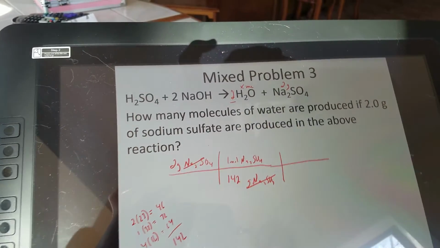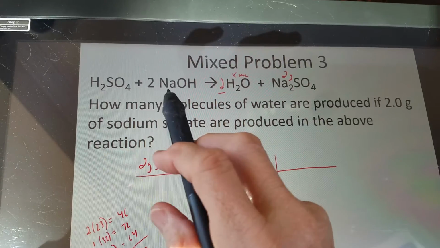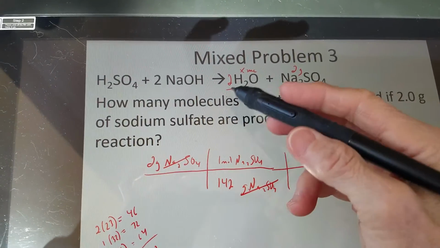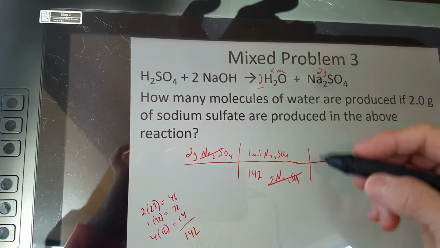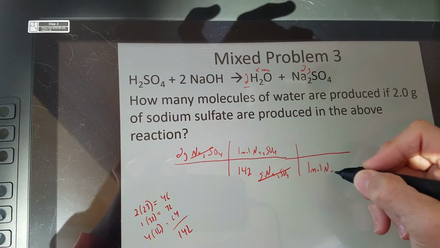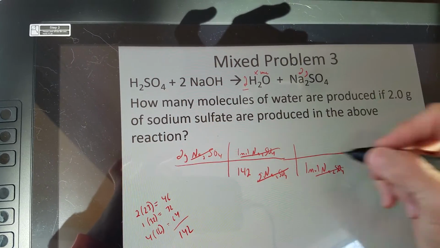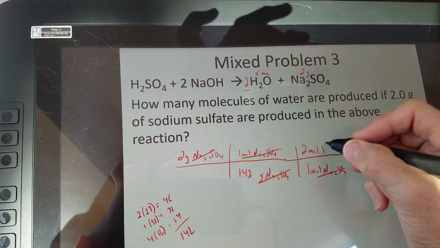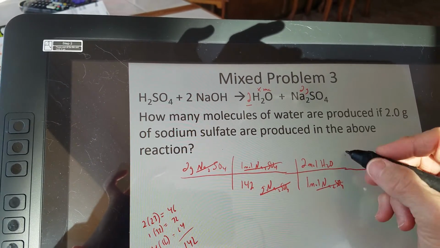So if I'm balancing that right, that'd be 2. It'd be 2 before. That's right. So that was missing, so that 2 should have been there. Now I have my coefficient. So I'll have 1 mole of my sodium sulfate down here at the bottom, so that the moles of sodium sulfate could cancel, and 2 moles of water on the top, so that I'll be in the substance I'm looking for. These are coming again from here.